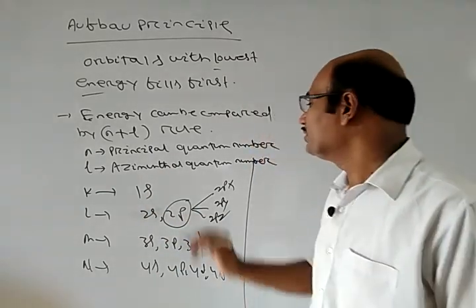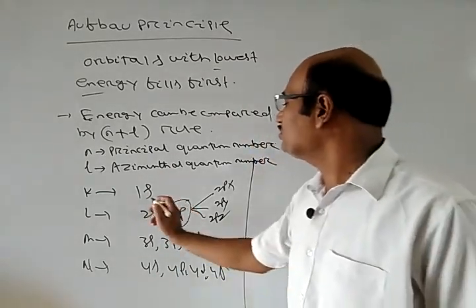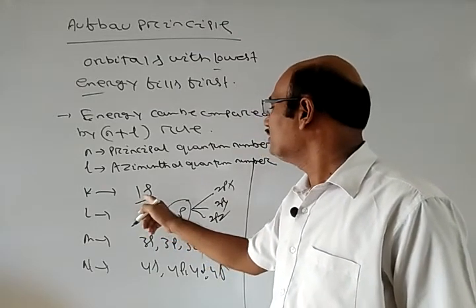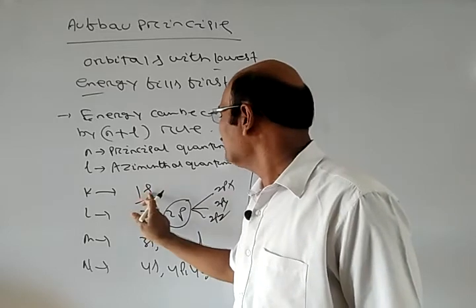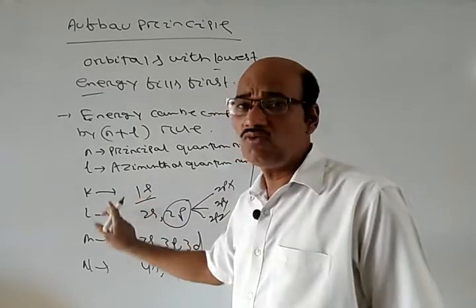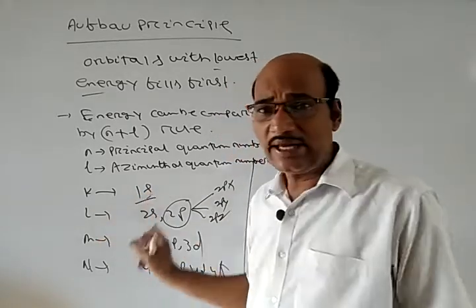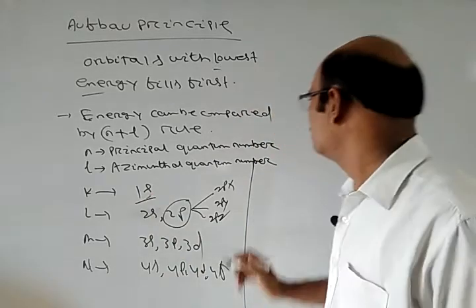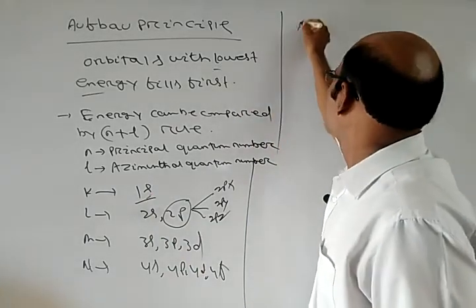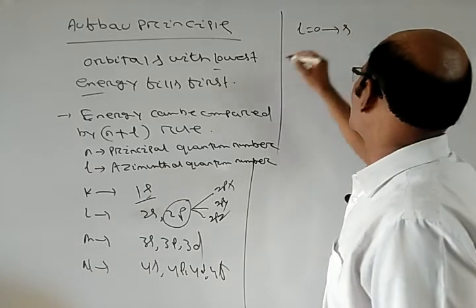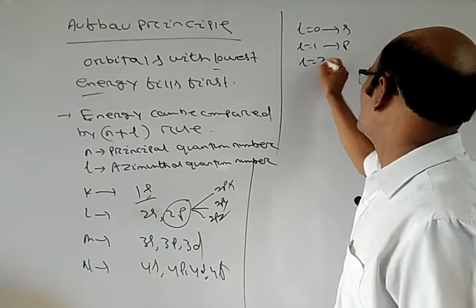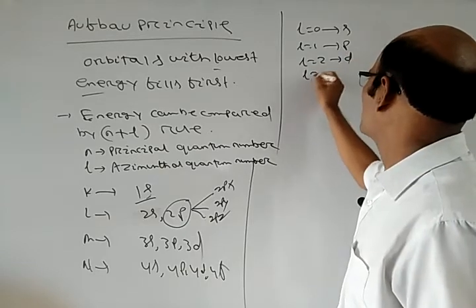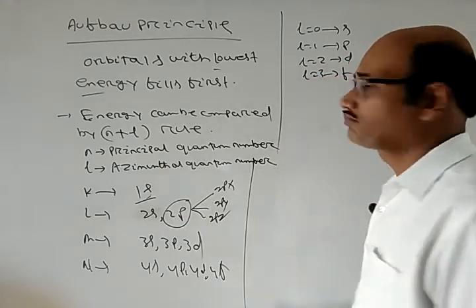If I say 1s here, n equal to 1, this 1 indicates the n. S subcell of cell number 1. For the s subcell, l equal to 0. We know l equal to 0 means s subcell, l equal to 1 means p subcell, l equal to 2 means d subcell, l equal to 3 means f subcell.